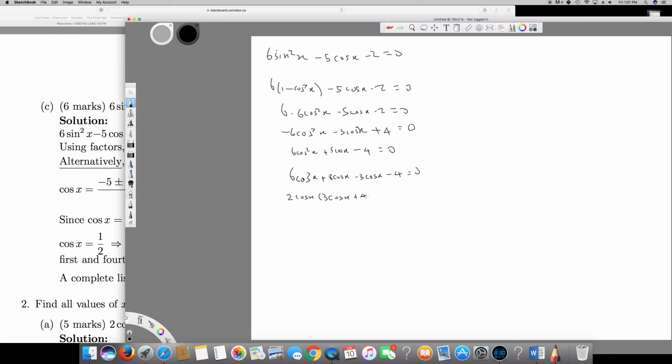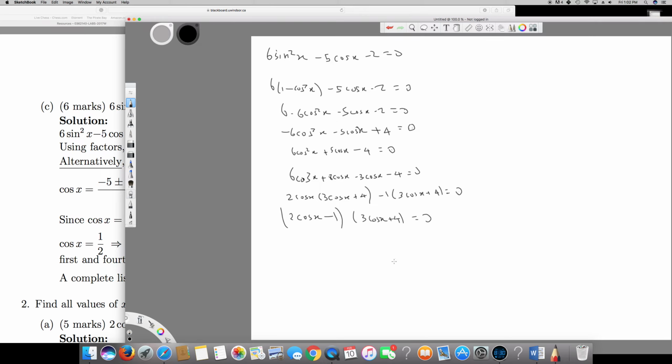If we take 2 cos x common, it's going to be 3 cos x plus 4. And in the other group, I can take minus 1 common, and it's going to be 3 cos x plus 4. So we have two different factors, 2 cos x minus 1 and 3 cos x plus 4, equal to 0.